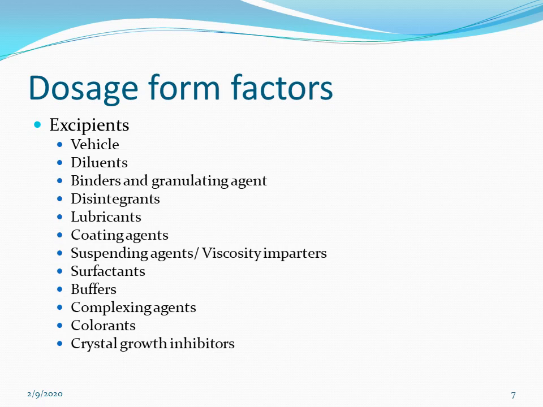Next is the lubricant. What are the lubricants? Lubricants are the agents which promote the ejection of the tablet. Generally, we are using metal stearates like magnesium stearate. Magnesium stearate is hydrophobic in nature, and during the compression it reaches the surface of the tablet and thereby prevents the wetting of the tablet.